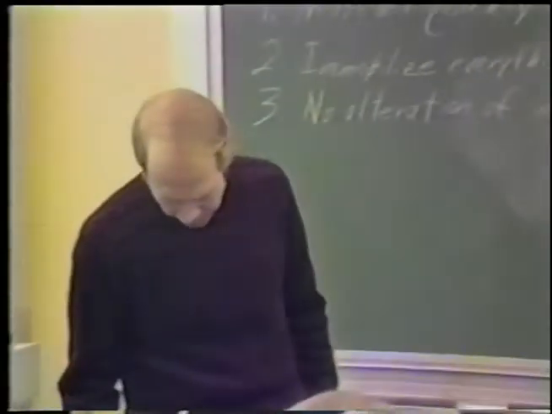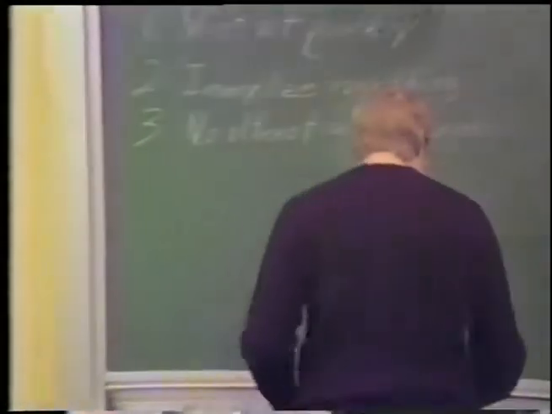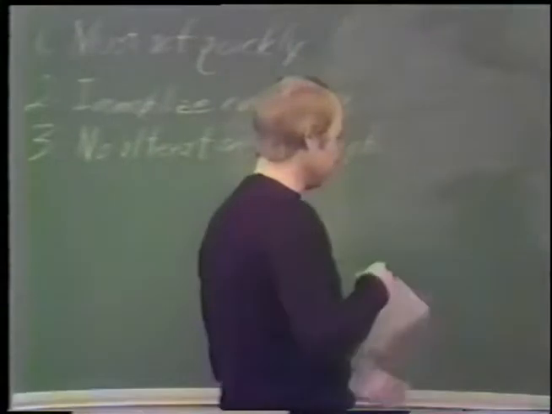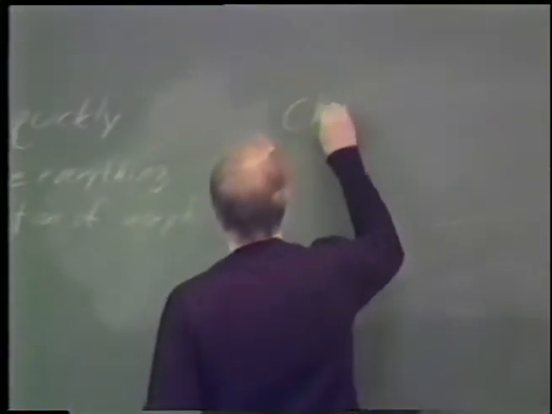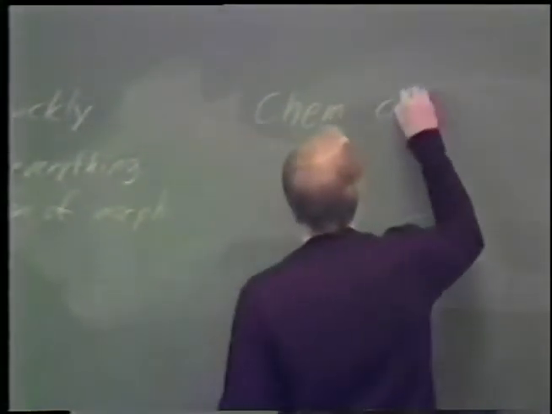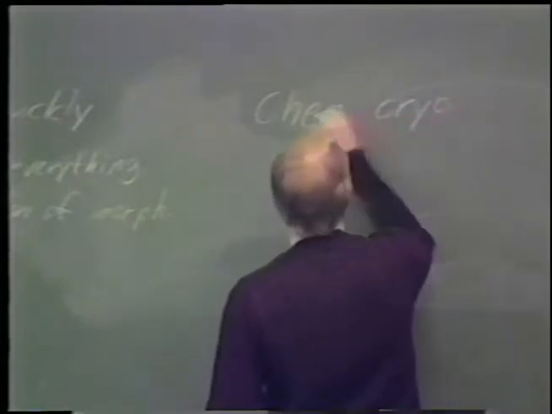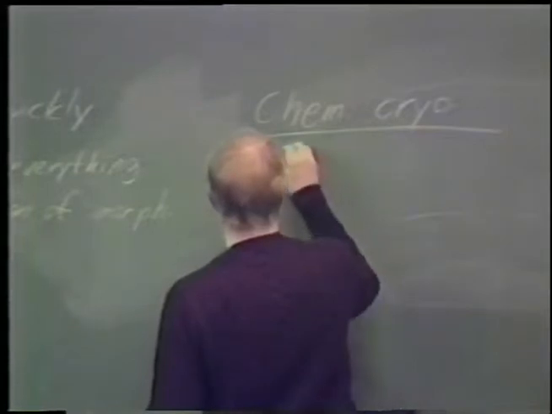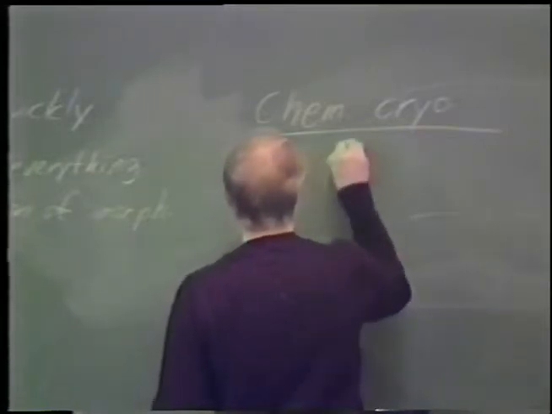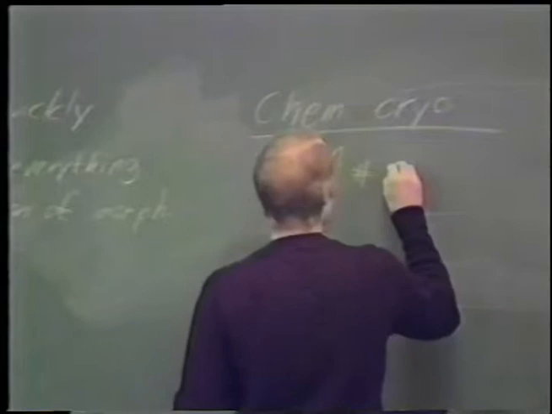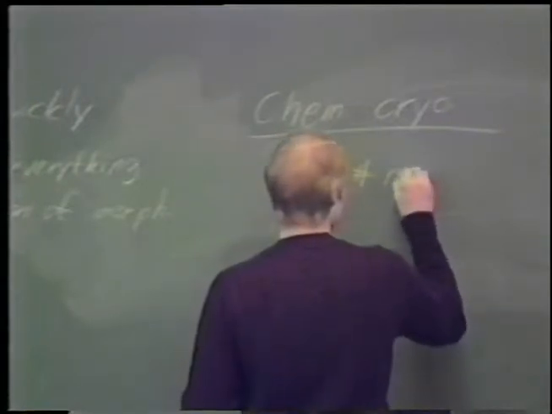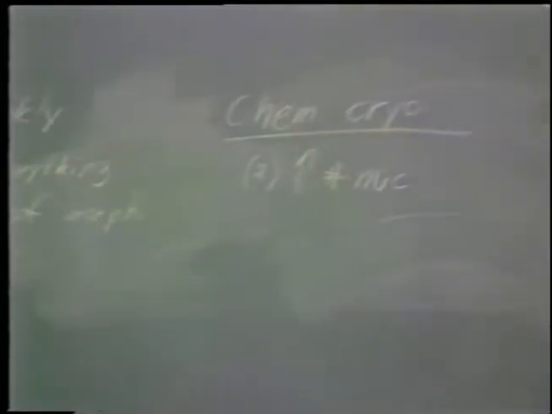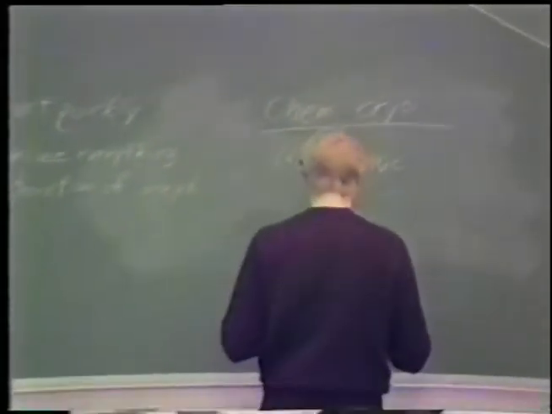Okay. Now, chemical cryoprotectants may act in any one or all of three ways. First is that they may act by increasing the number of nucleation sites for growth of ice crystals. We'll be talking about nucleation sites in a few minutes during the discussion of the physics of ice crystal formation.